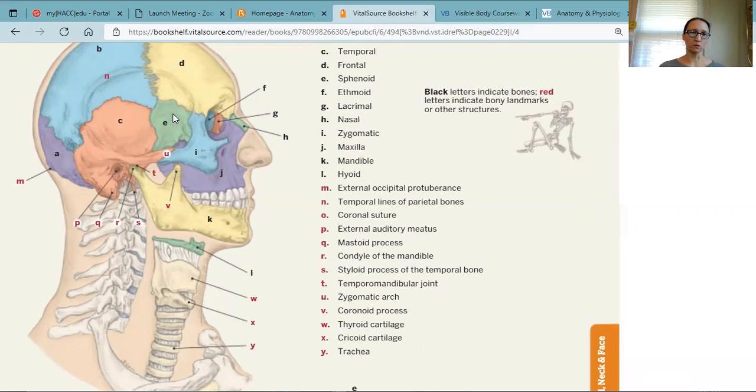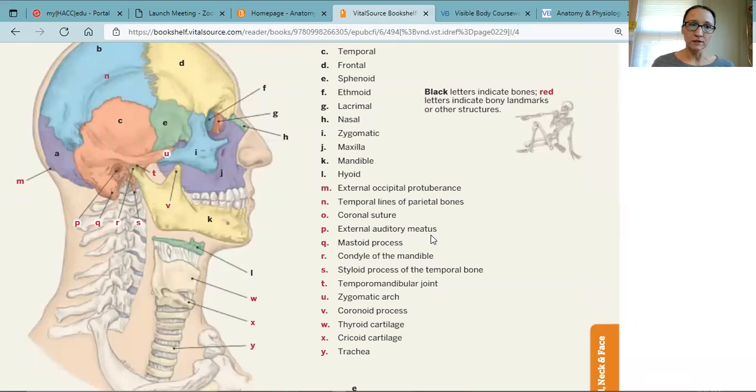So on the temporal bone, we have the external auditory meatus. It looks like "meatus." See this word right here? It's not "meatus," it's "meatus." And the external auditory meatus is your ear canal. Okay, you can't actually touch it. This is all external to the external auditory meatus, all of this here.